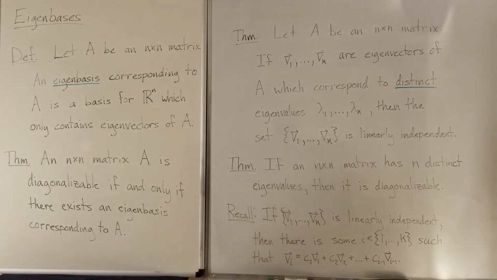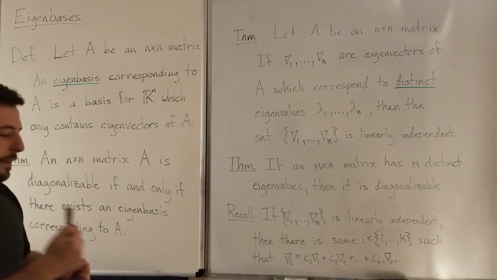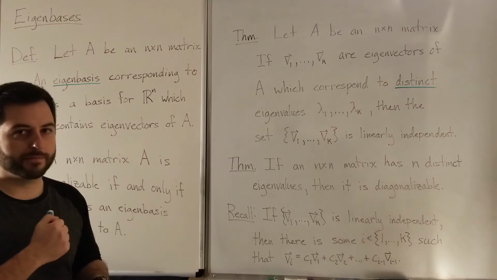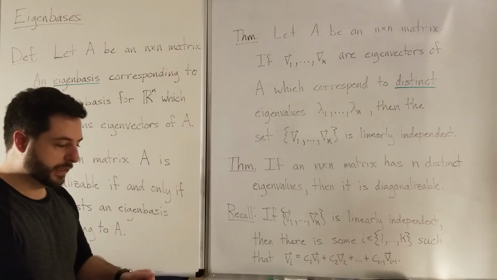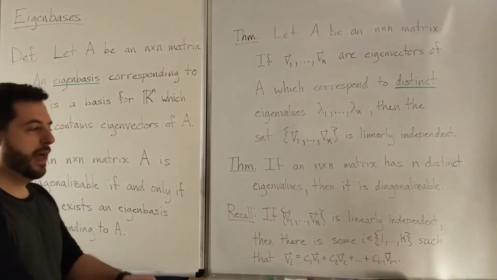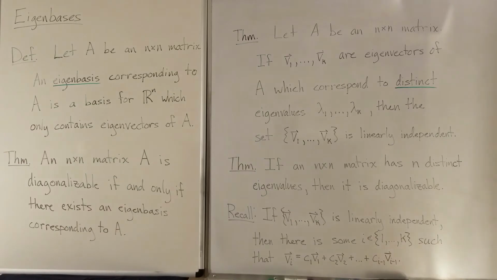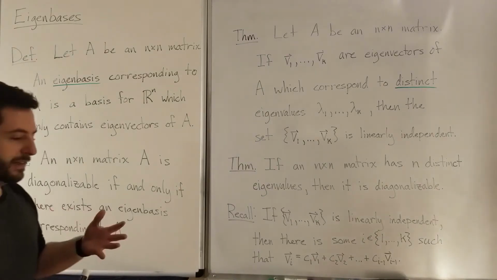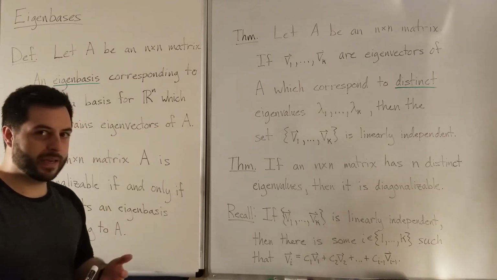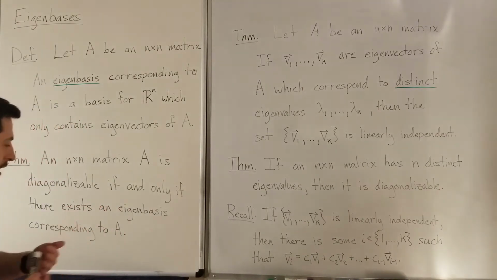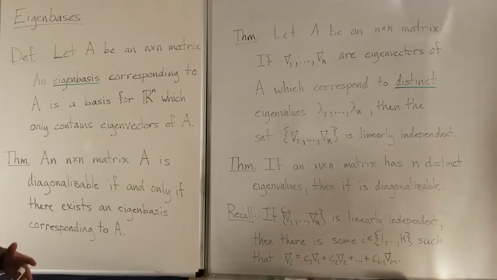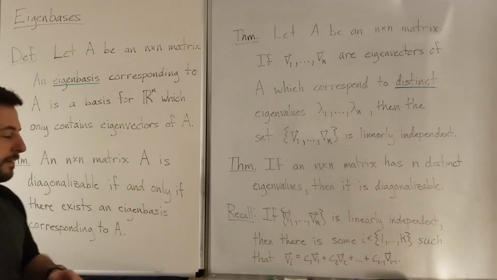The fact that we have this invertible P means that we are switching to this basis made up of the columns of P, doing the diagonal transformation, and then switching back into the standard basis. And because it is a diagonal matrix, it must be that the columns of P are eigenvectors of A. Otherwise, the matrix wouldn't be diagonal.